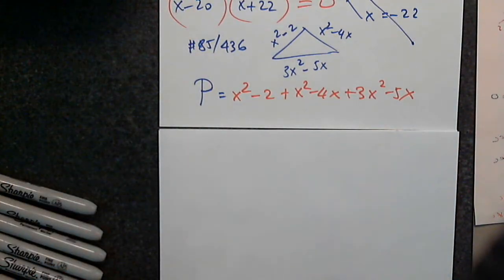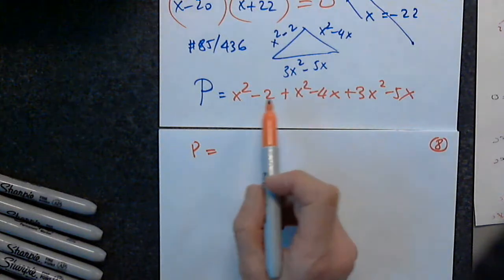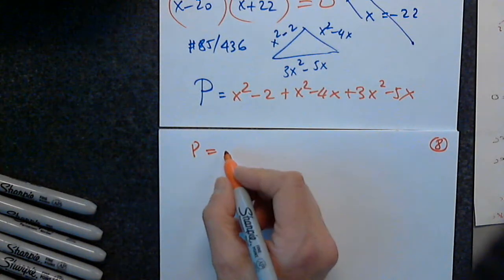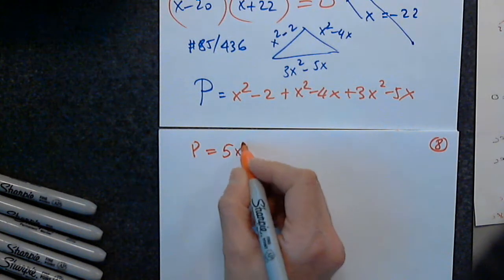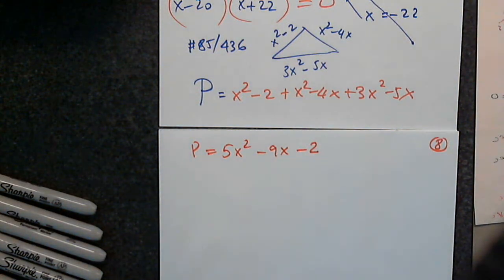So then the perimeter equals 5x squared minus 9x minus 2. So now we are asked to completely factor this. This is not an equation. We are not asked to solve. So always when you are asked to do something, carefully read the requirements. So we're asked to factor this completely.